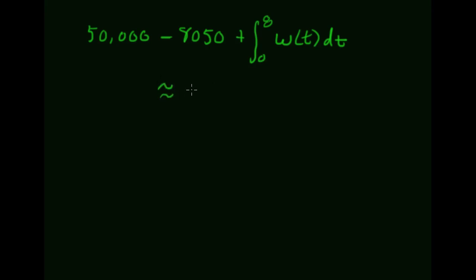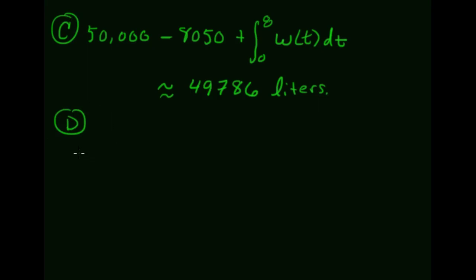You can throw that into a calculator and you're going to get approximately 49,786 liters in the tank at time 8. So that's part C. Let's look at part D.